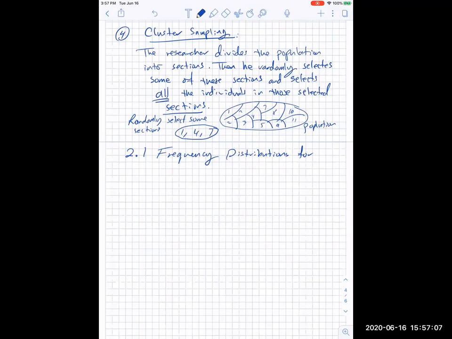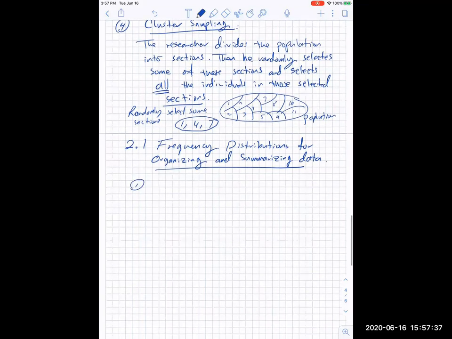You need to organize and summarize data. All right, so the first item we're going to talk about in this section is frequency distribution.